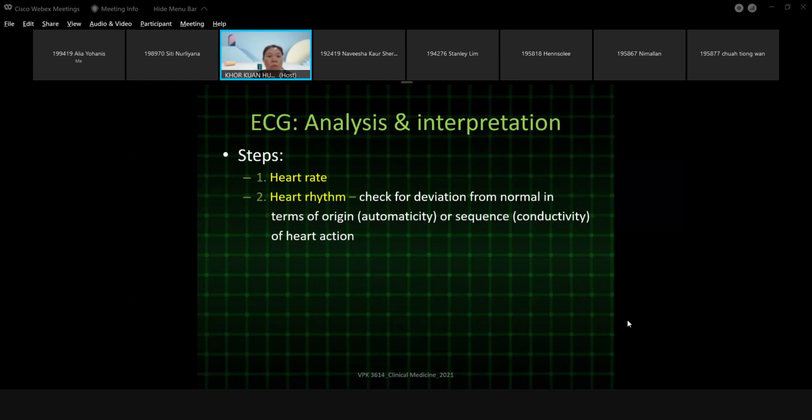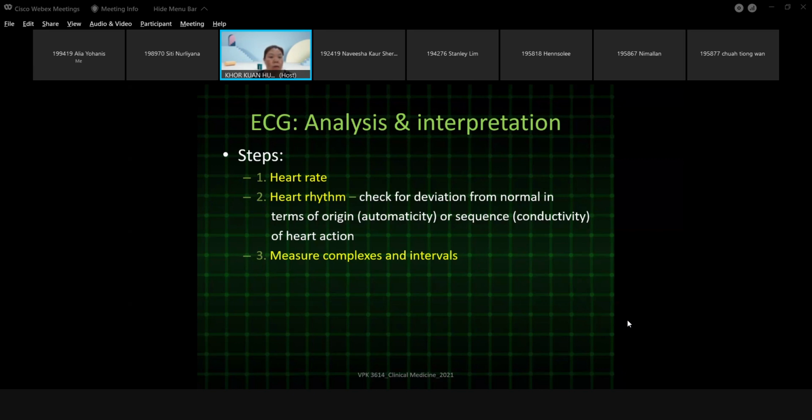Auscultate. You auscultate using your stethoscope and listen to the heartbeat; the lub-dub counts as one heartbeat. Every time you listen to the heart rate, you want to listen to the rhythm as well. When you listen to the rhythm, you're checking for deviation from normal in terms of origin, automaticity, or the sequence and conductivity of the heart action.